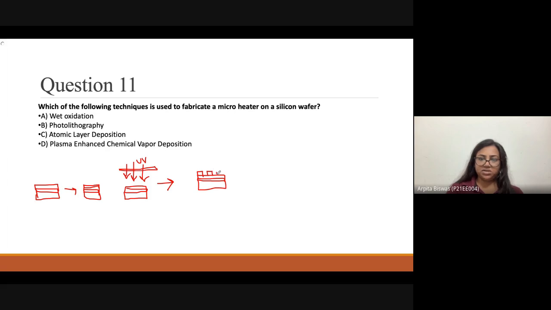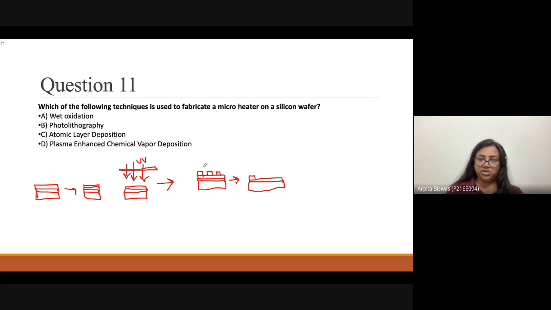After the development process, they have done the etching of the nickel. After the etching process, we get this structure: silicon, then silicon dioxide, then nickel.